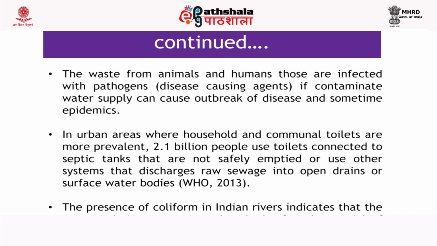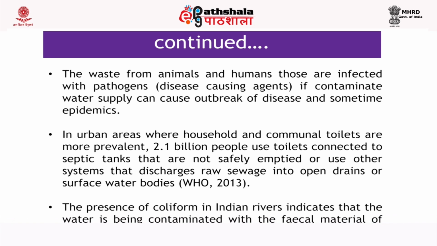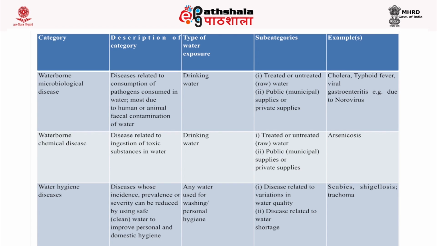The presence of coliform in Indian rivers indicates that the water is being contaminated with fecal material of humans, livestock, pets and other animals. In this table we can see various waterborne diseases from different sources. There are different categories of waterborne diseases.